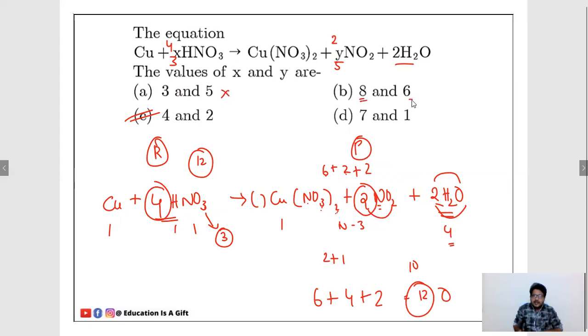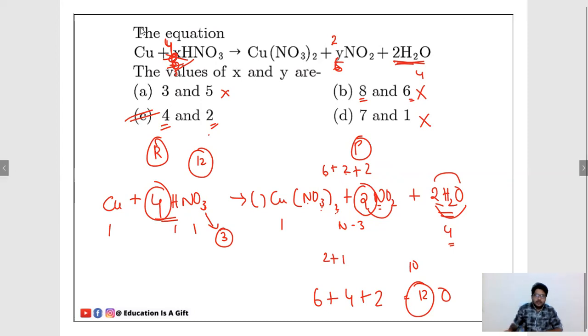If you place 8 and 6, try to place 8 here. How many hydrogens? 8. How many hydrogens here? 4. Not going to work out. If you place 7, 7 hydrogens, 4 hydrogens, not going to work out. If you place 4, what will happen? Hydrogens 4, yes. And if you place 2 here, you can count nitrogen. Like that you can use trial and error method also.